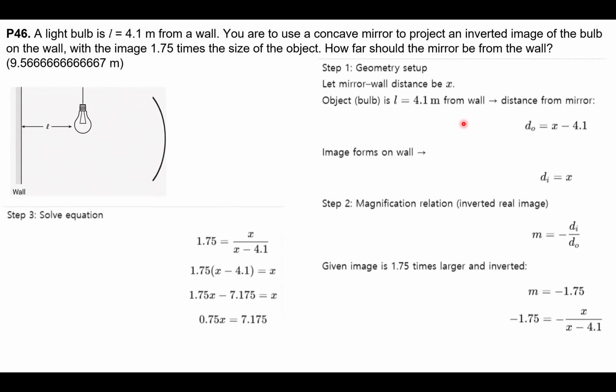So here is the case. For the geometry setup, let the mirror-wall distance be x. The object, the bulb, is L, equal to 4.1 meters, from the wall.